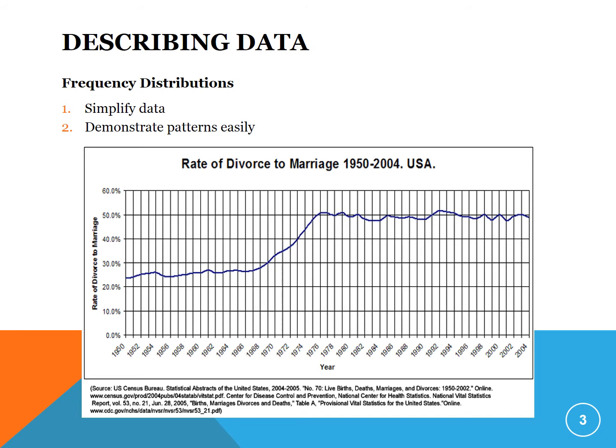It also helps us demonstrate the pattern. We can see very clearly that divorce rates were much lower before 1970, then started to rise, and then plateaued between 1978 and now, and who knows what it's doing now in 2016 as I give this lecture.